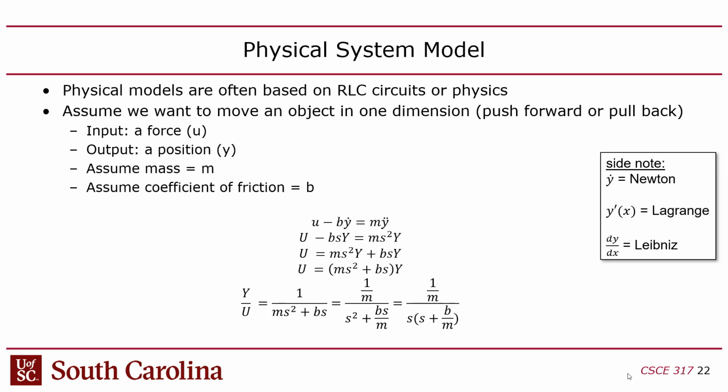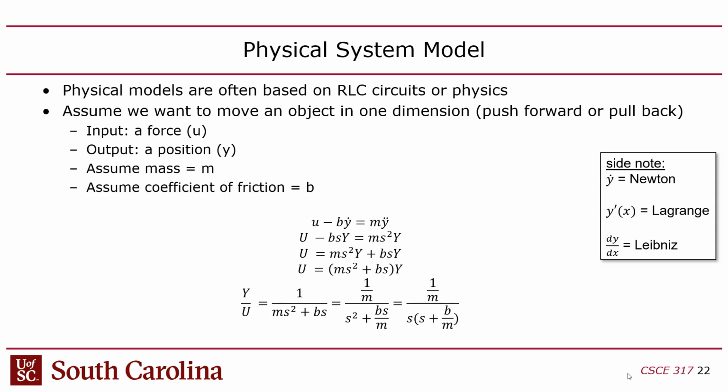Okay, so now I've got u minus bsy equals ms squared y, and all you have to do is calculate the transfer function, where again, y is the output, that's where the coin's at, and u is the force that the robot's putting into it, right? So it's y over u. And y over u ends up becoming a transfer function of 1 over m divided by s times s plus b over m. Make sense?